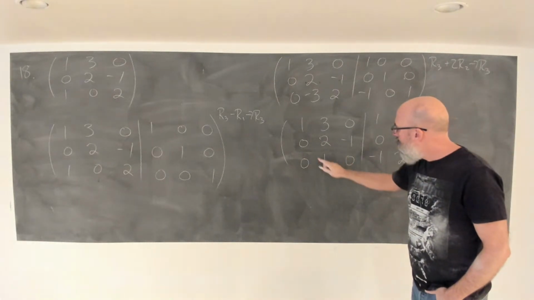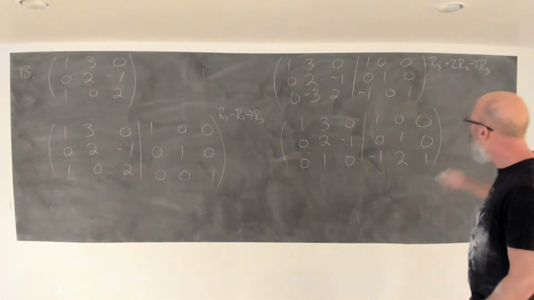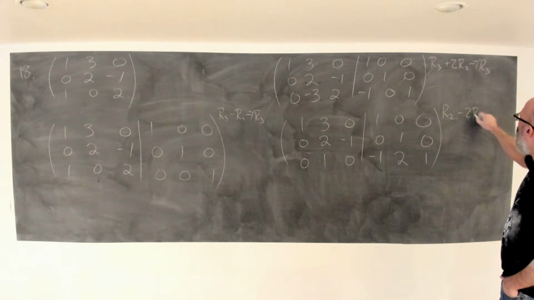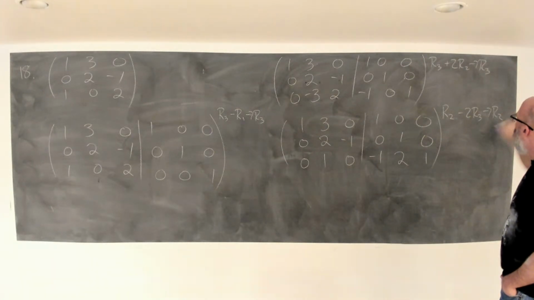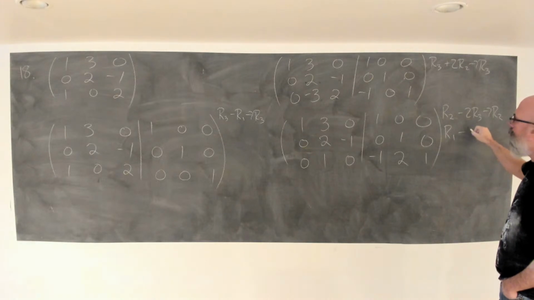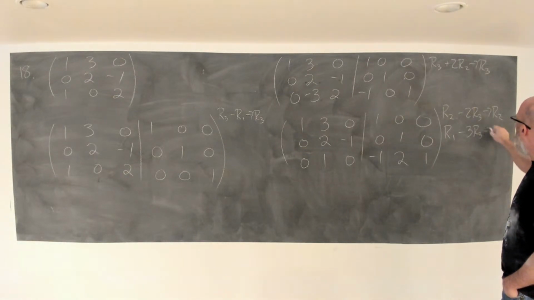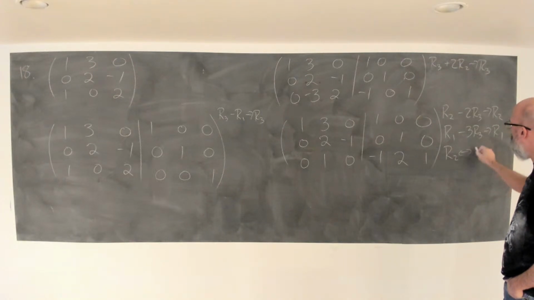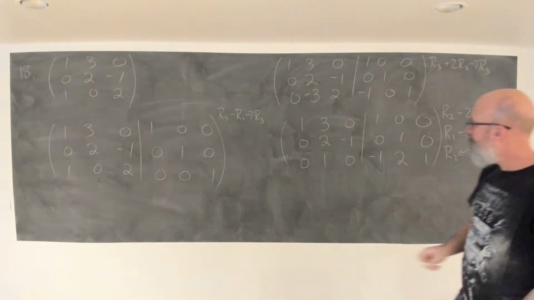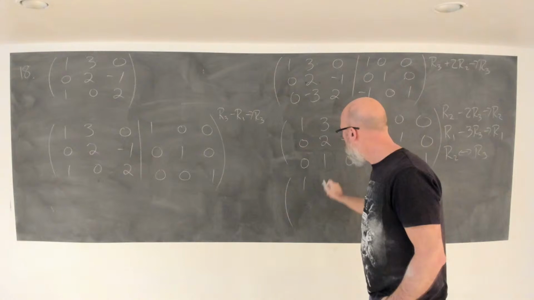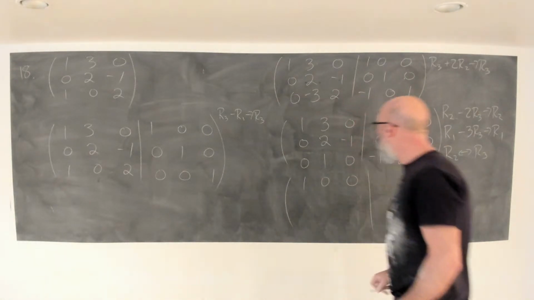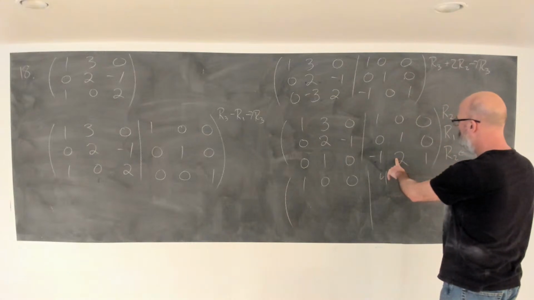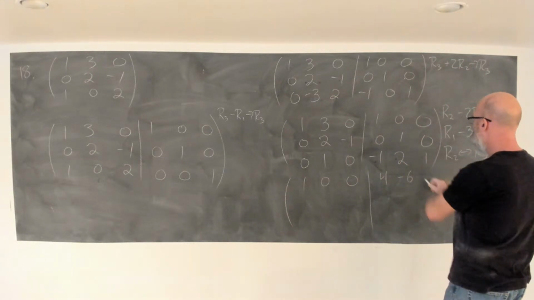And now let me use this one to clear the column. Row 2 minus 2 row 3 for row 2. Row 1 minus 3 row 3 for row 1. And then maybe interchange row 2 and row 3. So this minus 3, this minus 3, this minus 3.